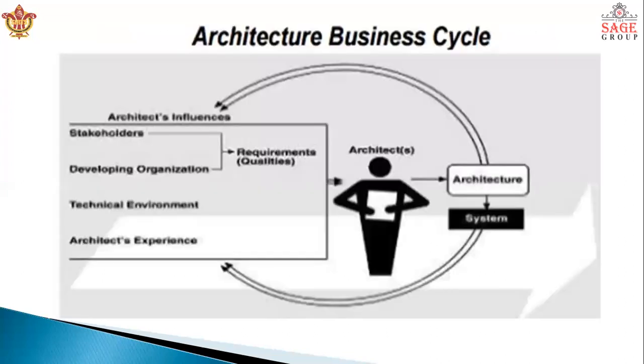So here you can see the architecture business cycle. With the help of this diagram you can understand what is going on. The organizational goals of the architecture business cycle are very important, and this is completed in four phases.